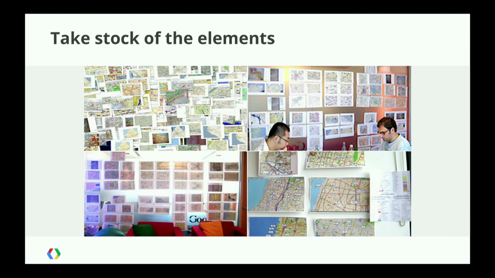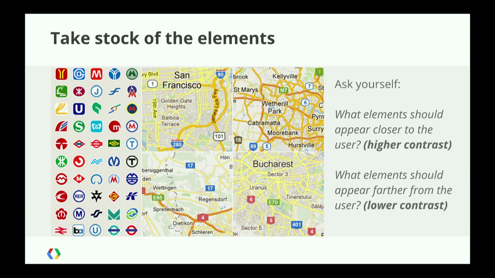But it's amazing, if you take stock and you really catalog all of the things that are on a map, it's compelling, it's overwhelming, but you have to take stock of them. And that refers to all the information types I was talking about earlier. And so as you're assembling different types of data, and in this case, we've got transit icons, municipal transit icons, it's amazing to see what role they play.